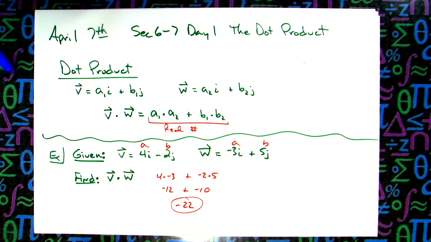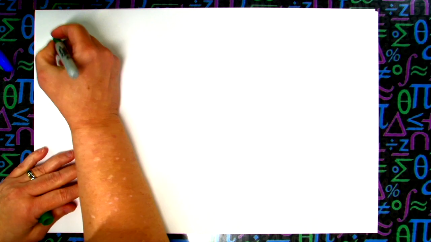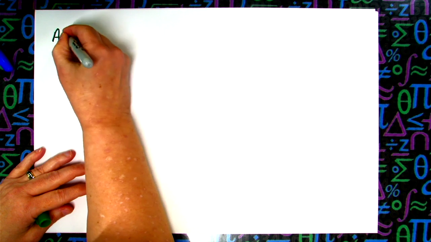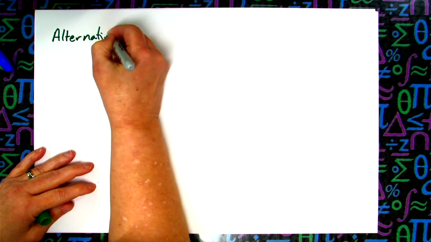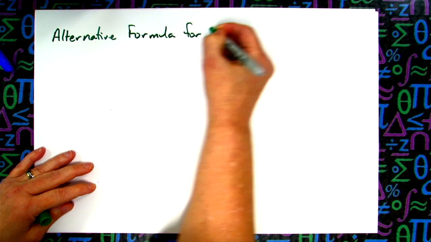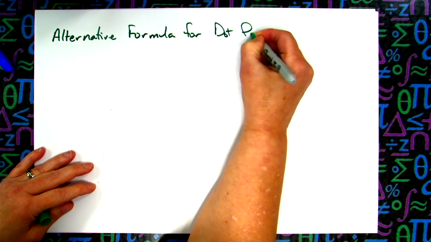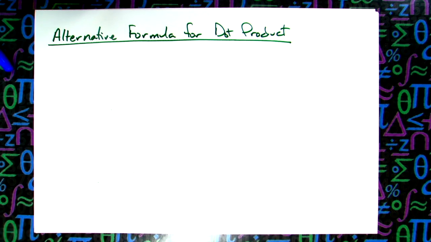Okay. All right. Now, two more formulas. We always have alternate formulas. So I'm going to give you an alternate formula for the dot product. Okay, if you remember, we had some formulas, I think on Tuesday, where we had the cosine of theta in there, and we used the magnitude.